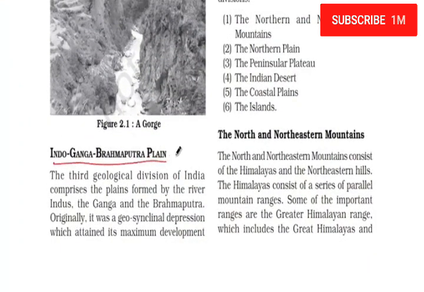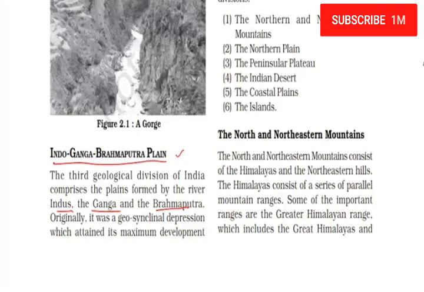Indo-Ganga Brahmaputra plain, very, very important. The third geological division of India comprises the plains formed by river Indus, Ganga and Brahmaputra. It is one of the largest after Amazon in the world, and here you have a depression which I have already showed you, because the Indo-Australian plate went and hit this, and because of this there was a depression formed, and in this the depositions took place.